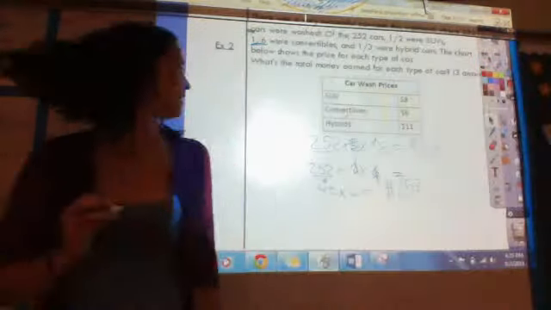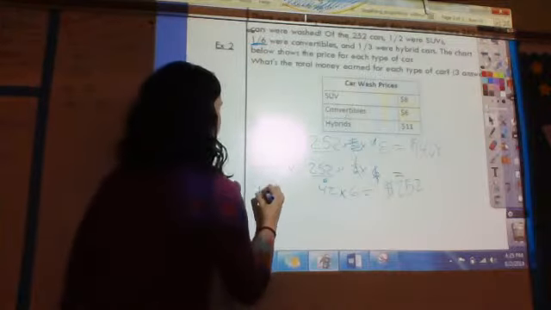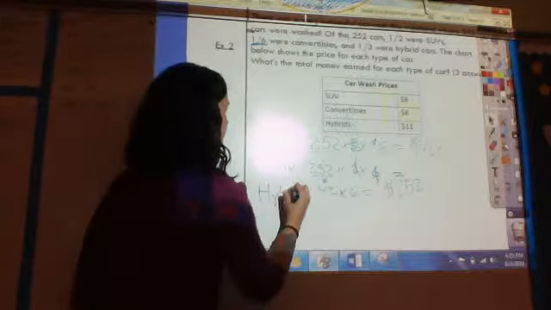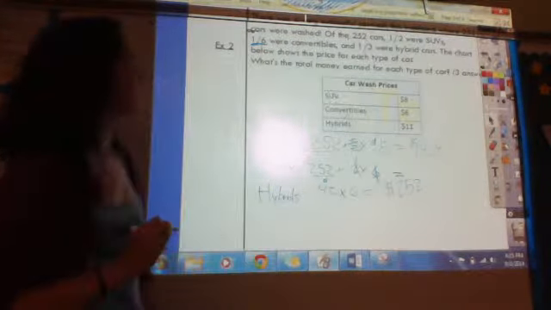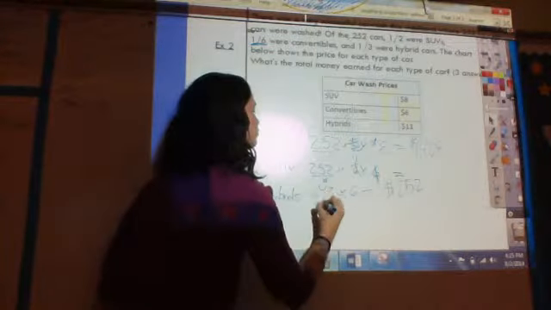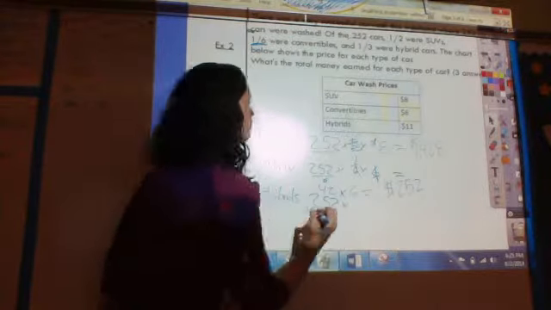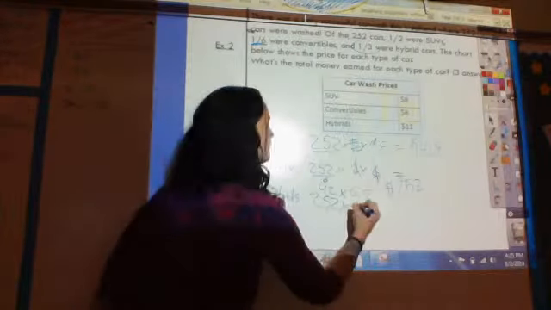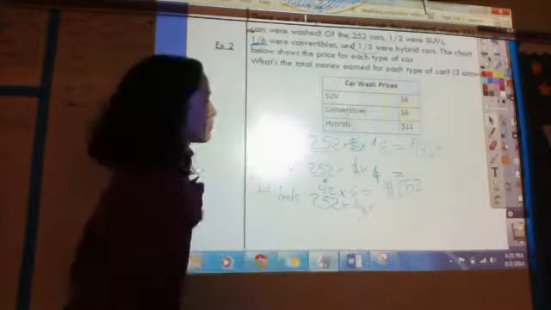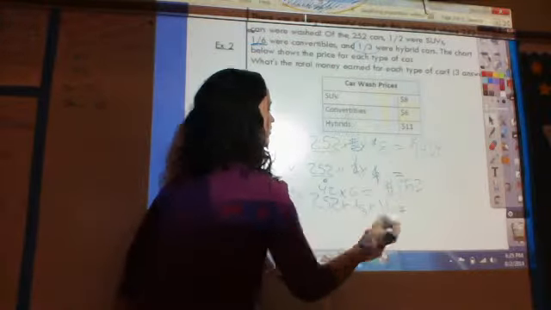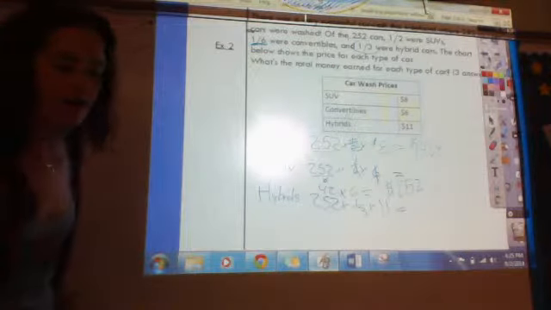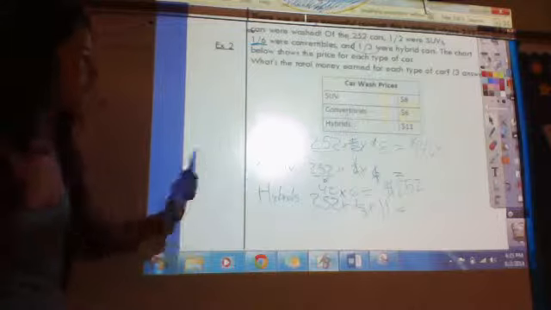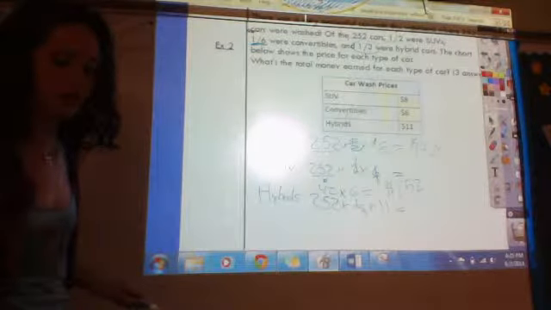Okay, for our last example, we have hybrids. We had 252 cars total, and 1/3 of them were hybrids, so I'm going to multiply by 1/3. And what was their price? $11. What's another way to think of 252 times 1/3? Would be 252 divided by 3.